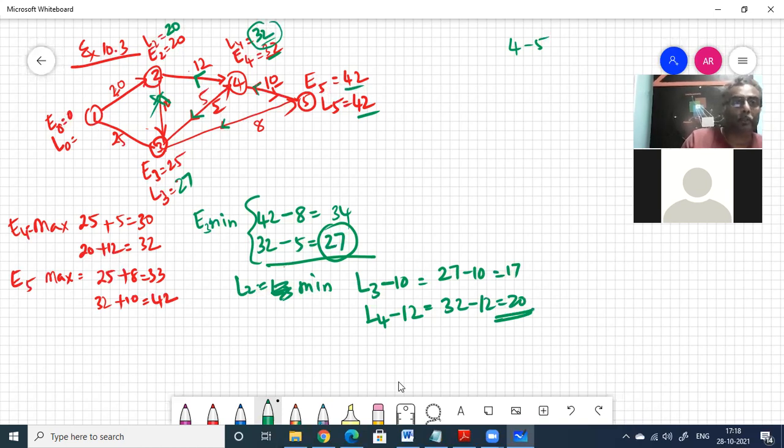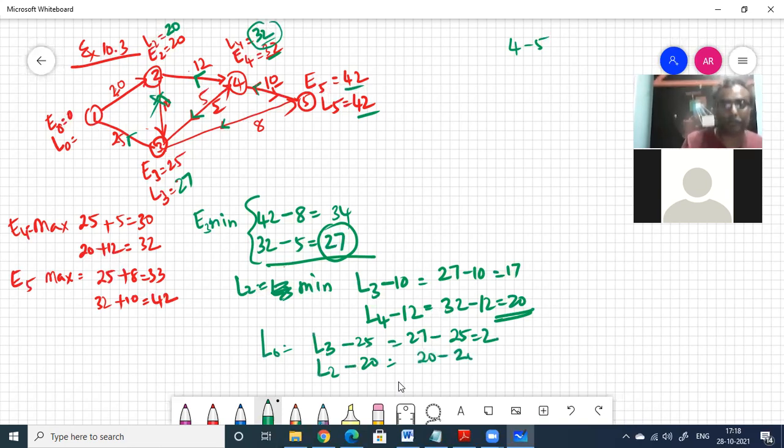Then L0 is equal to, we still have this one coming. L3 minus 25, that is 27 minus 25 is equal to 2, or L2 minus 20, that is 20 minus 20 is equal to 0. So L0 is equal to 0.